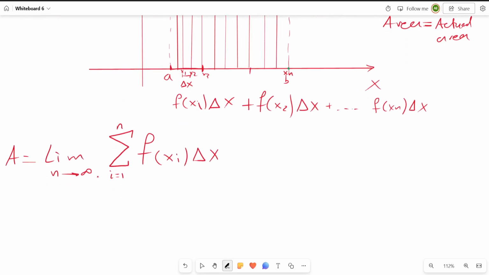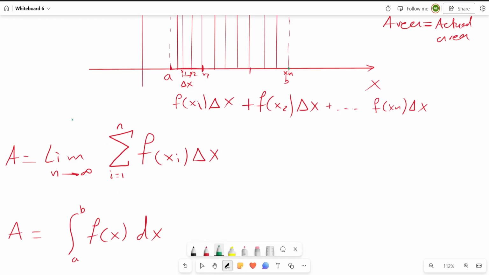Okay, so this is basically the idea of integration. Integration is also a sum, and I can write it as the integration from A to B of f of x multiplied by dx. And these two are exactly the same, and I'll show you how.